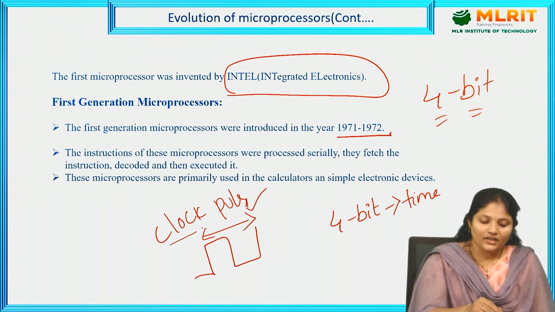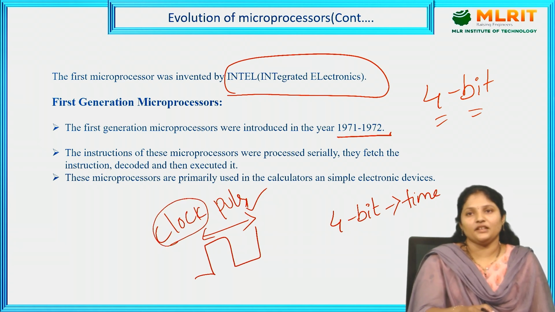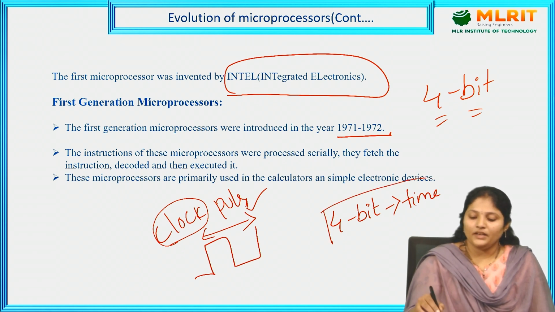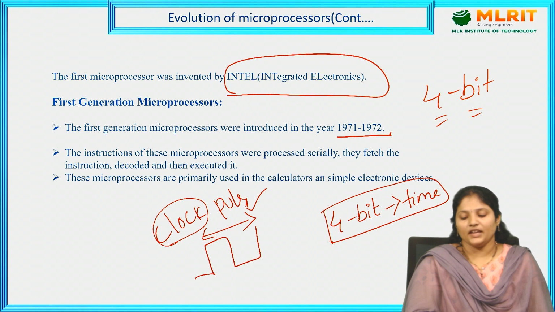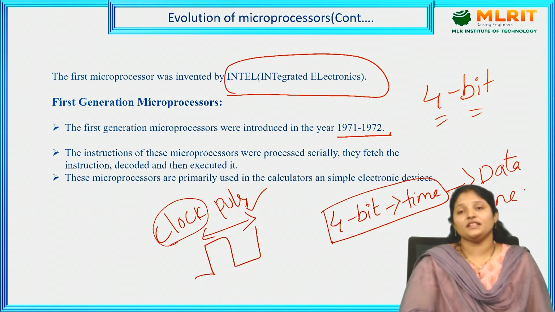Similarly, the clock is a generator which generates clock pulses to synchronize the blocks present in the system. At a clock pulse, 4-bit arithmetic or other operations can be performed at a time, which is determined by the data bus, or data lines. If the microprocessor has 4-bit data lines, then it can execute 4 bits of data at a time.